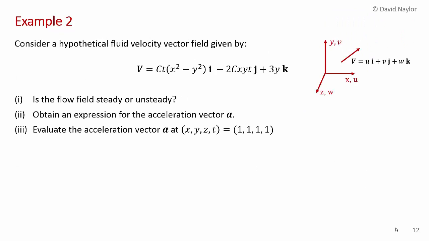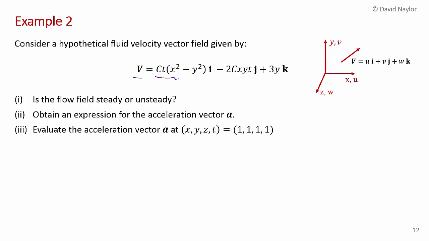So I'll end with this example. What we're considering here is a hypothetical fluid velocity vector field given by the following expression. So we have the velocity vector v here given by ct x squared minus y squared in the i direction. That's the velocity vector component in the x direction.